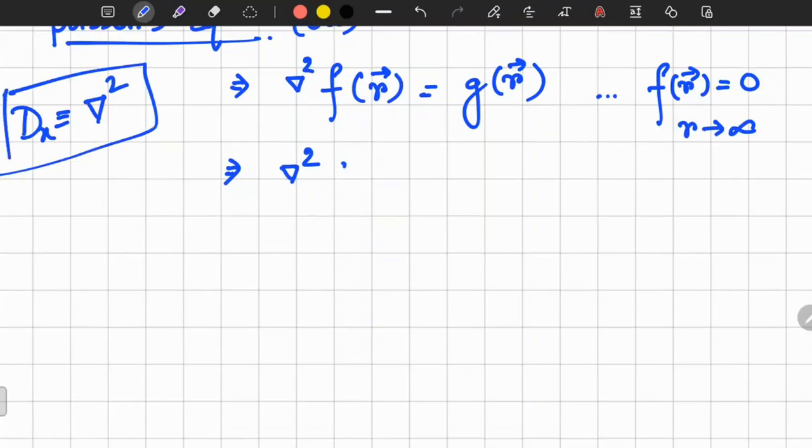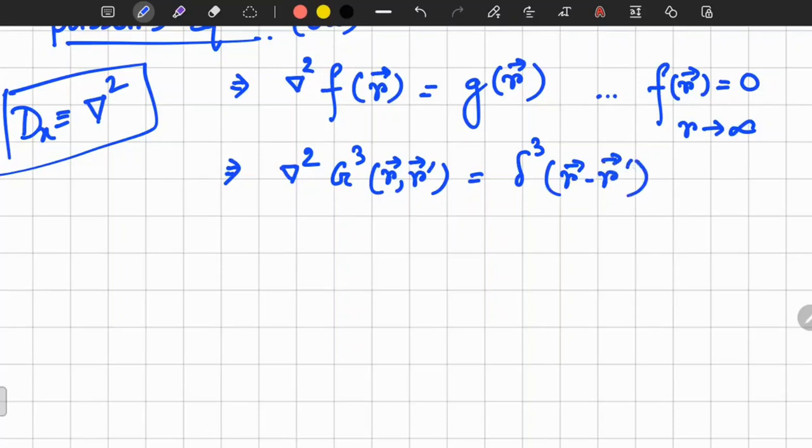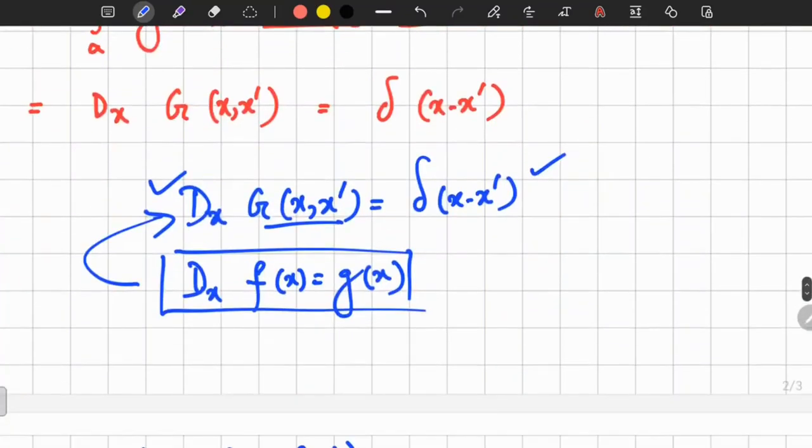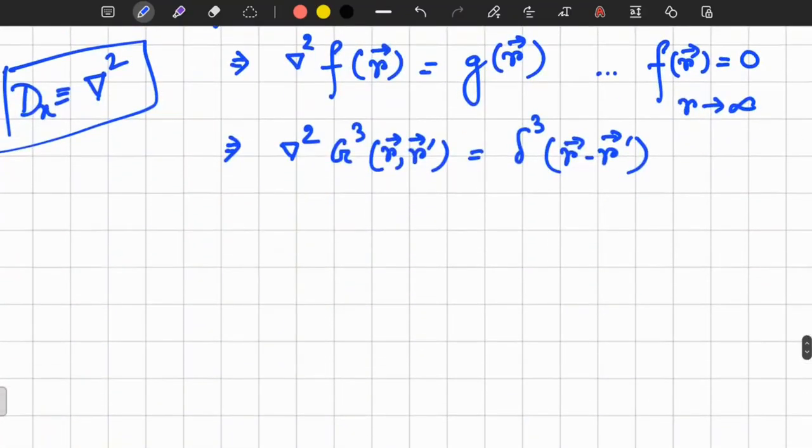So we can write it g of r, r prime, and there will be 3 for the 3 dimensions, and delta function of the third order, 3 dimensions. So essentially this will be the form if we tally with this equation. So here this is for 1 dimension. So essentially there will be 2 more dimensions in the 3D case.